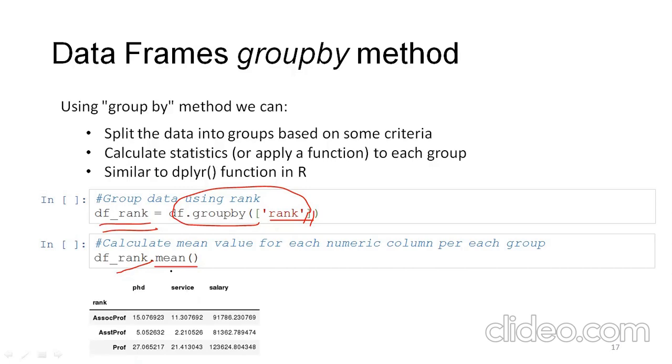Next I calculate the mean for that record set. For the PhD, service and salary columns, the collection of some 10 or 20 associates' values will be averaged, and the output will be displayed here. So we are applying a nested function: first we group the values, next we calculate the mean for that group of values.